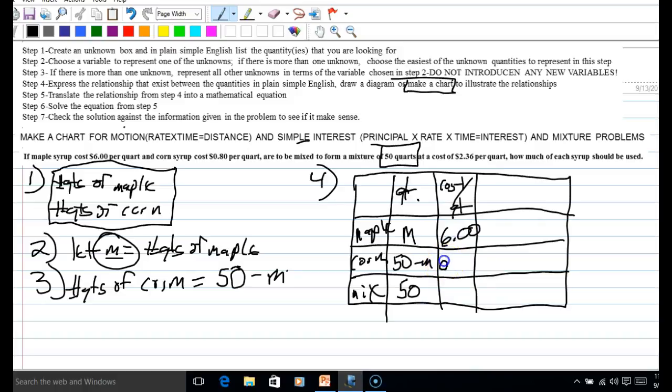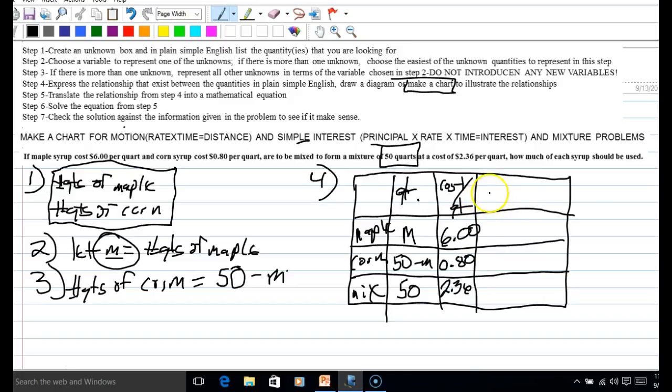Corn syrup costs me 80 cents per quart, or 80 hundredths of a dollar. And the total cost of the mixture is $2.36 per quart.